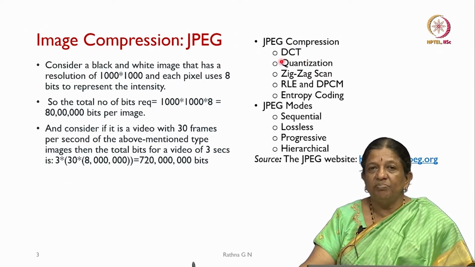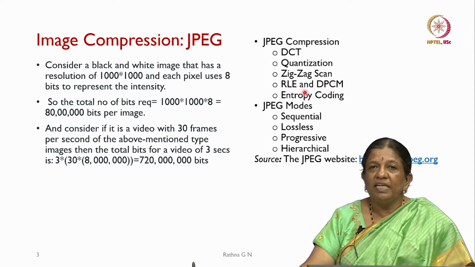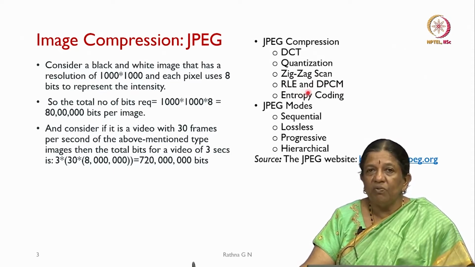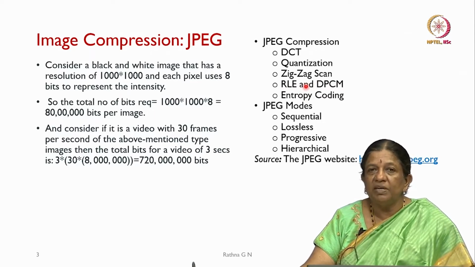Then the values are quantized, zigzag scanned, and then run length encoding and DPCM, differential pulse code modulation, can be used. Later the entropy coding is used, and then you transmit it.